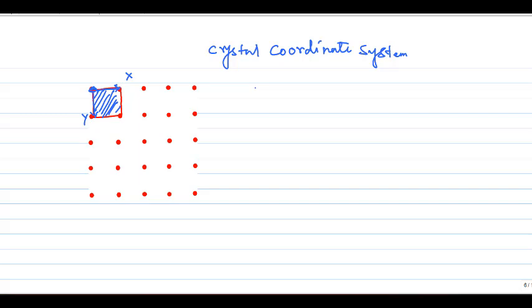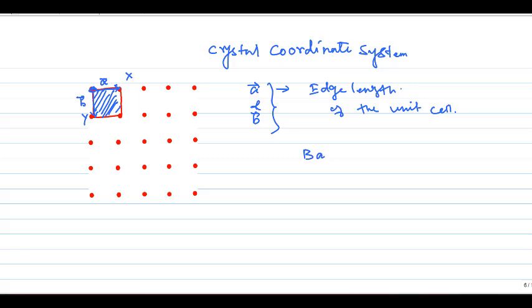So that is basically the edge length of the unit cell. So these are also known as basis vectors.